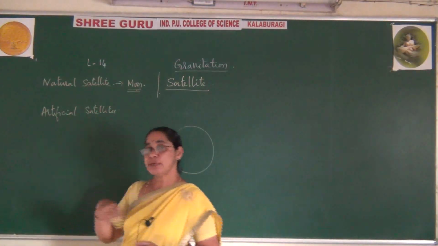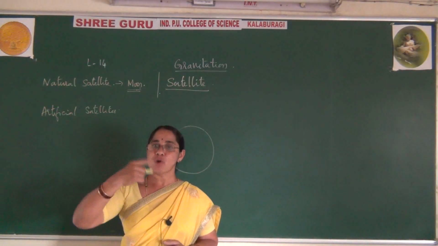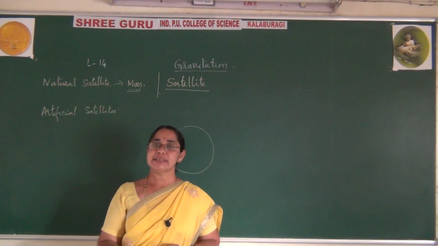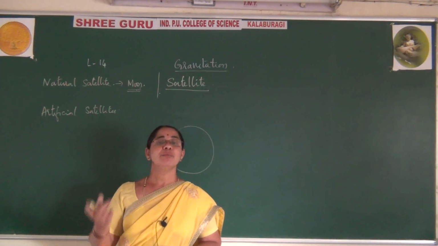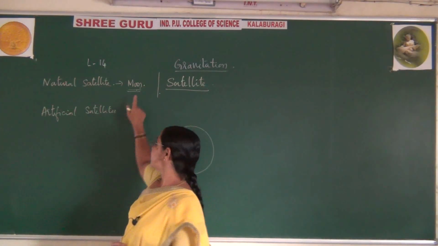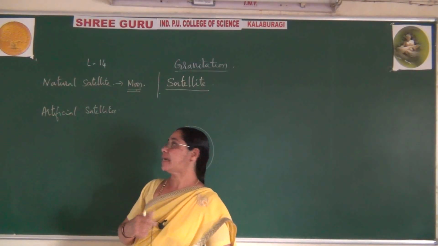Our Earth is a huge body, the Moon is a very small body, and the Moon is revolving around the Earth. That is a naturally occurring satellite, due to which we say the Moon is the natural satellite of the Earth.